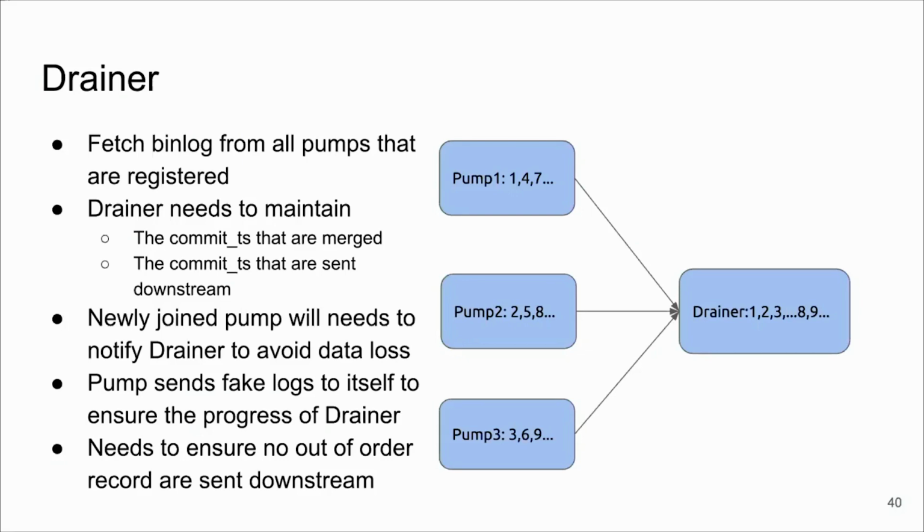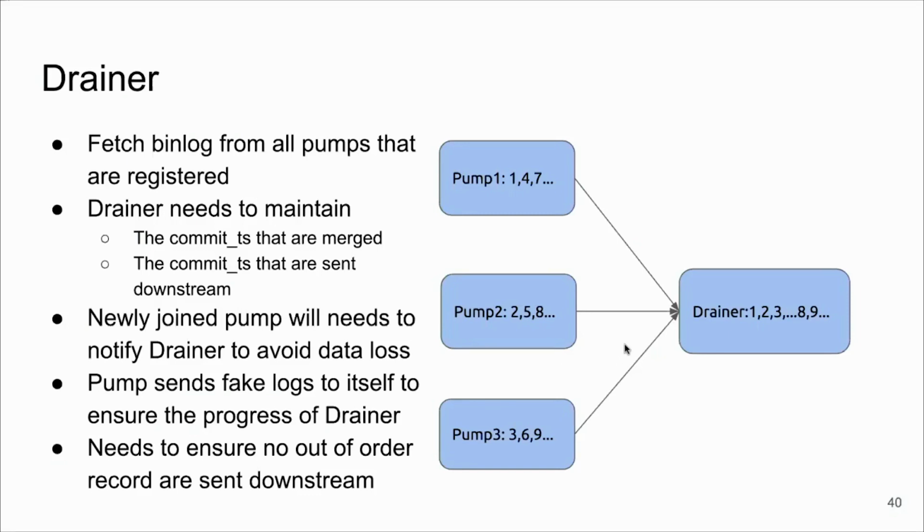The drainer has to first be notified that the newly joined pump is there. Otherwise, the binlogs gathered by the newly joined pump will not be guided by the drainer, because it can get the next available binlog from the other pumps without knowing that the new pump actually has a lower timestamp. Okay.